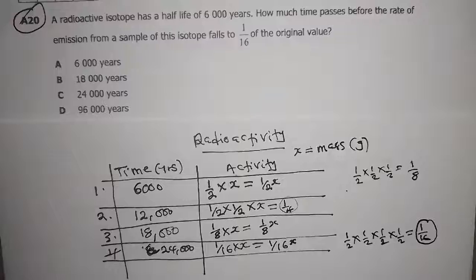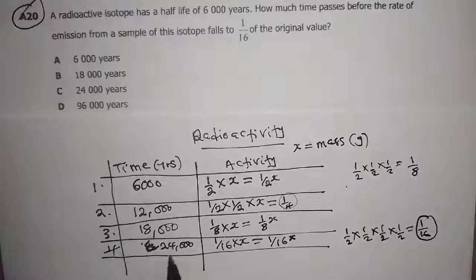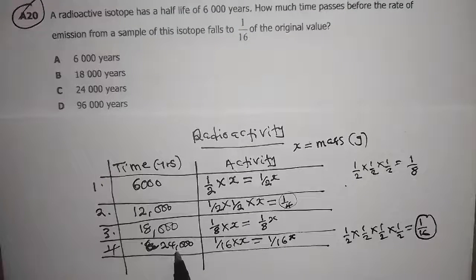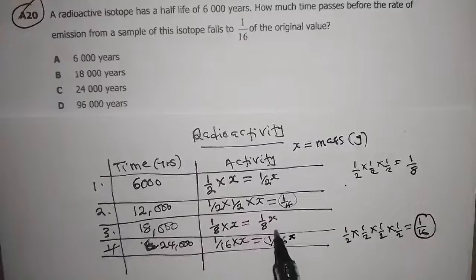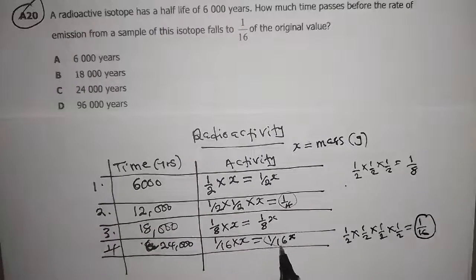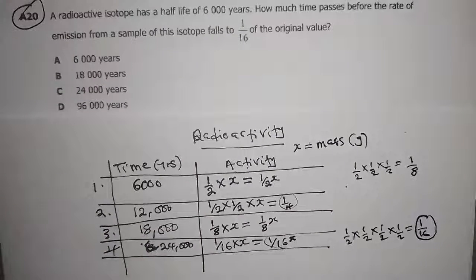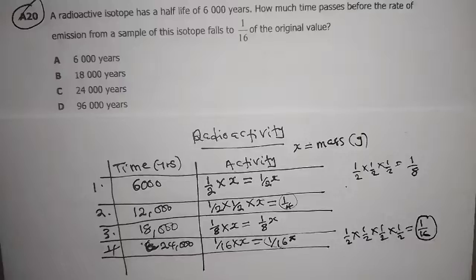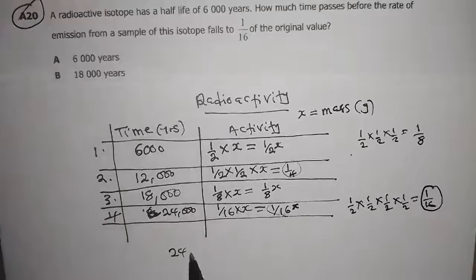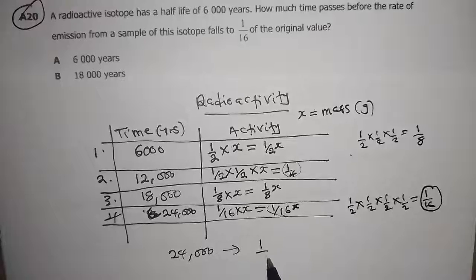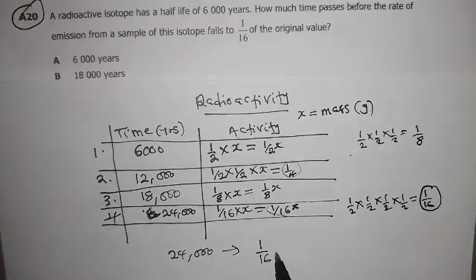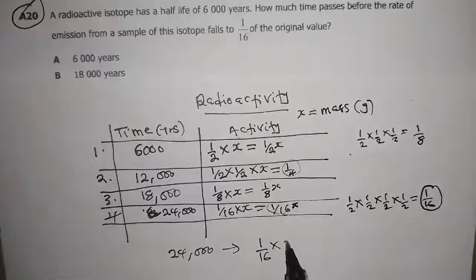Once you reach this point, you need to stop. Now you ask yourself, what is the time when the isotope activity falls to this value? It is 24,000 years, when the activity is reduced to 1 out of 16 of the original.